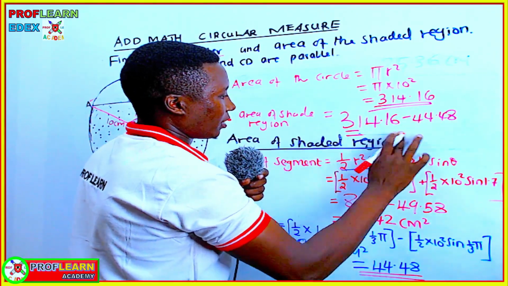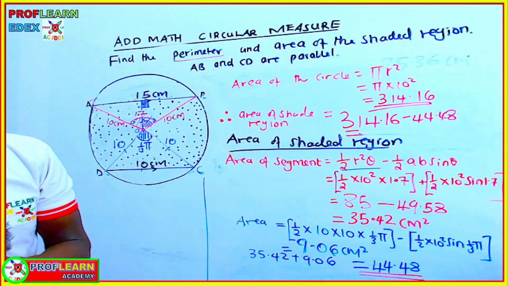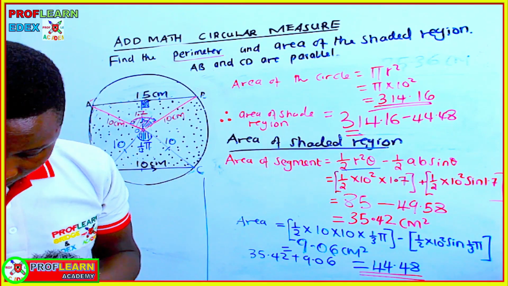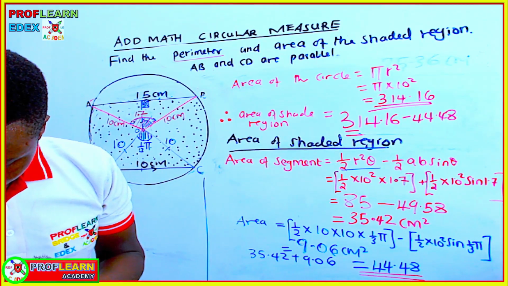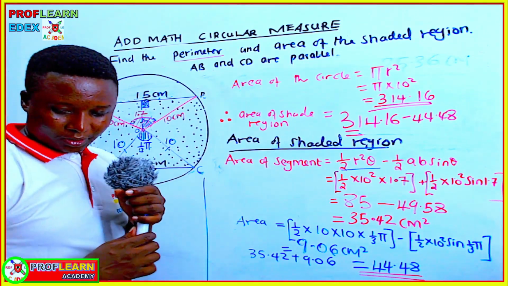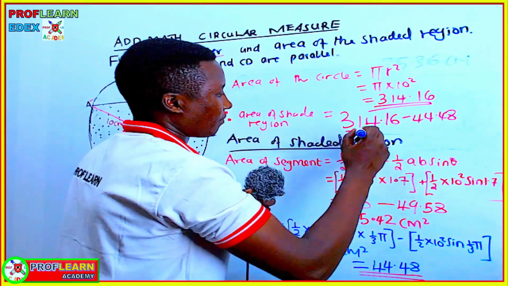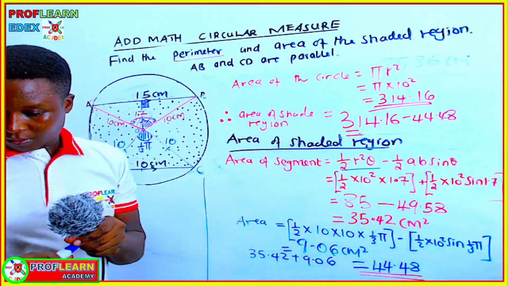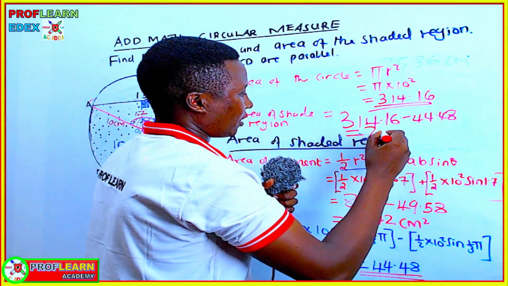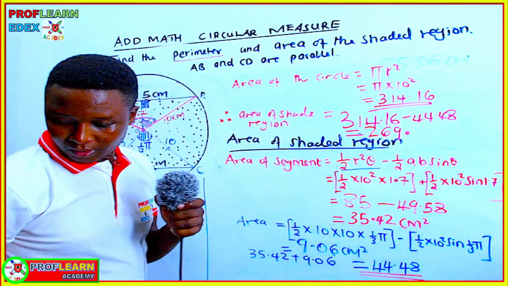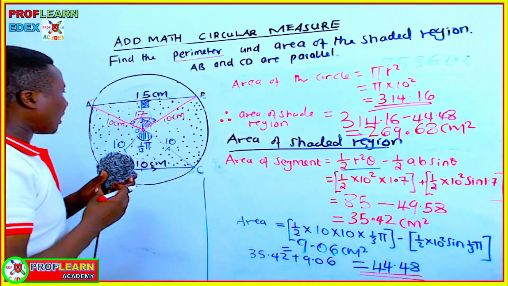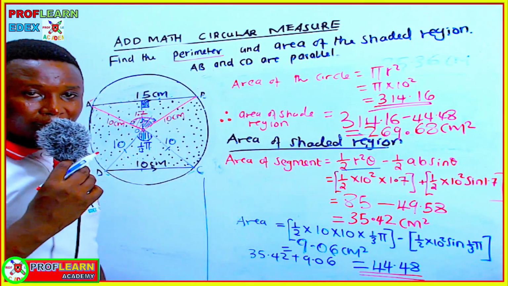If you work it out, I'm getting my answer as 269.68 centimeters squared as the area of the shaded region.